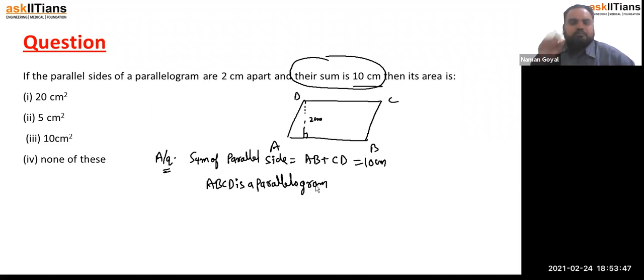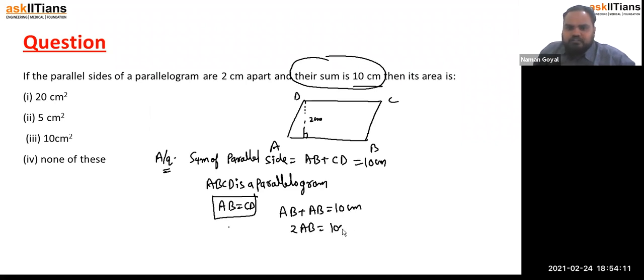And if it is a parallelogram, so we know that opposite sides are equal, right? So according to the question, we can say that AB is also equals to CD. And if AB is equals to CD, then AB plus AB is what? 10 centimeter. So twice of AB is 10 centimeter. So we got AB as 5 centimeter. Are you getting my point?